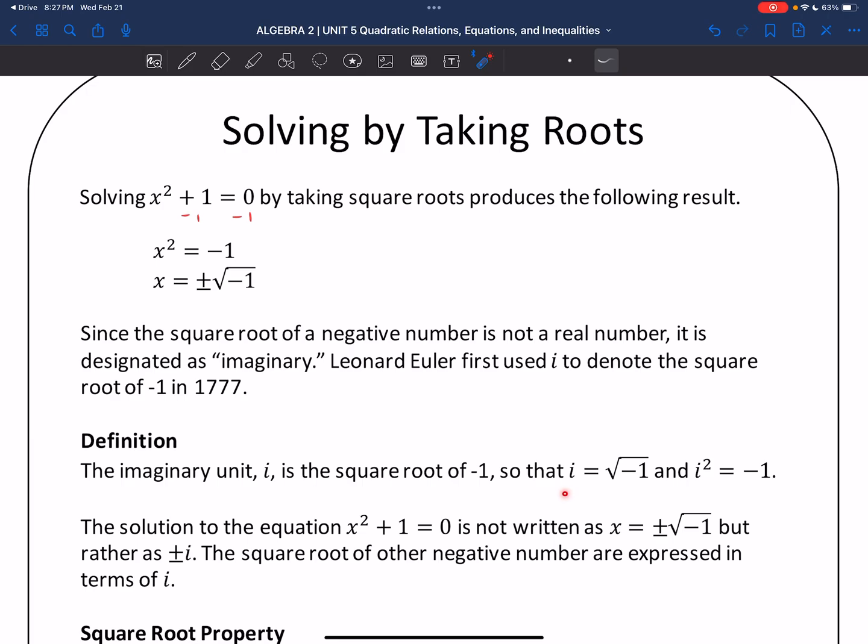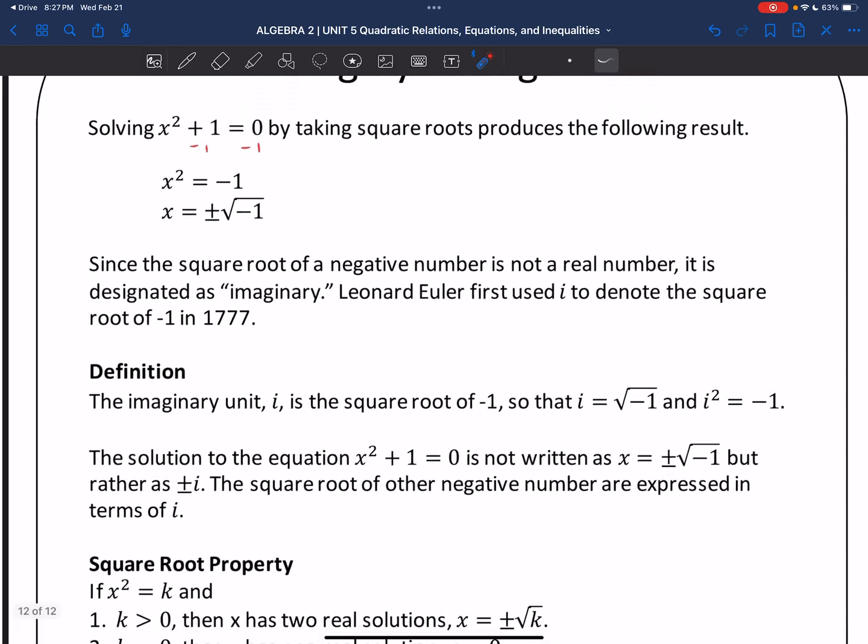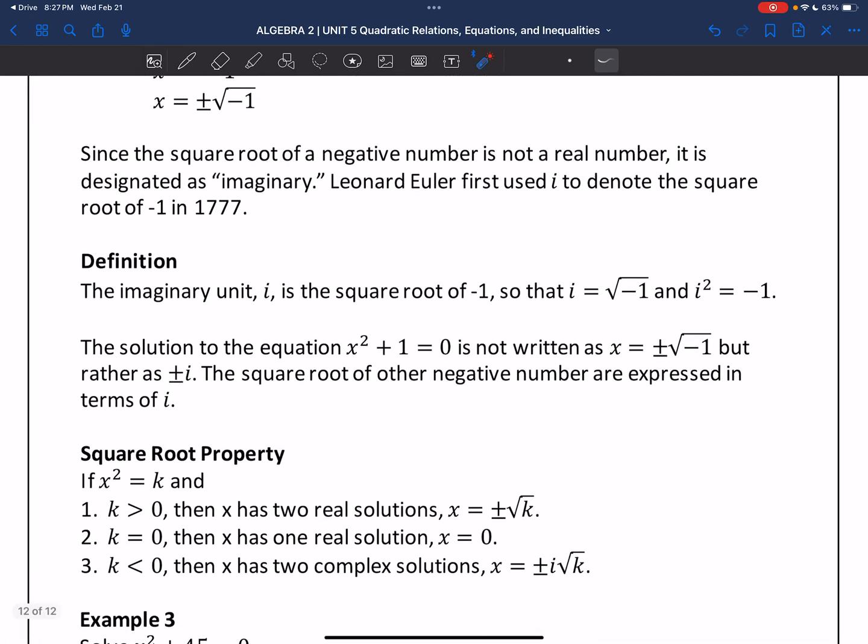And if you took i squared, it is -1. So the solution to the equation x squared plus 1 equals 0 would rather be written as positive and negative i.